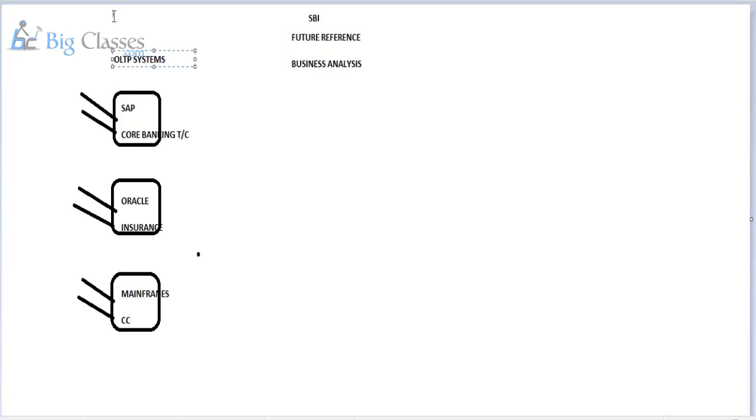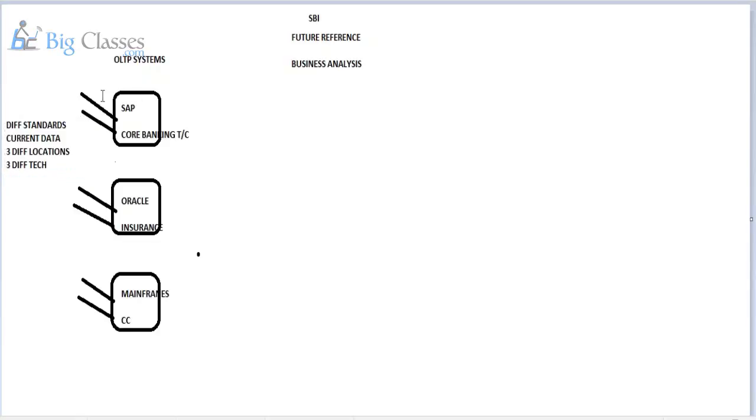Okay. So as I told you, these OLTP systems have different standards. Each OLTP system will have different standards, right? And you have the current data present within the OLTP system, and the data is present in 3 different locations as well as on 3 different technologies, with different applications.